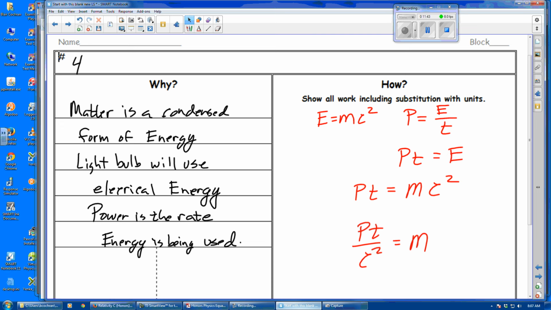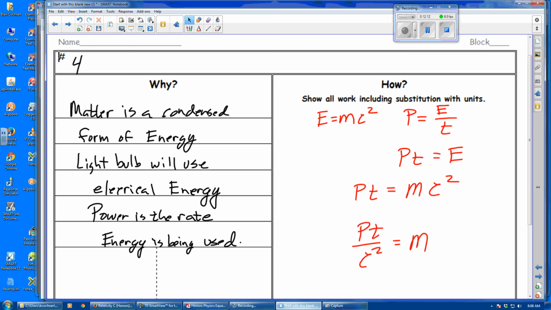So make sure that power and that time are in correct equivalent units. Personally, what I would do is change the time to seconds. You can do that through Google or on your calculator. And then you should have c stored in your calculator. If not, it's on our equation sheet. And a couple multiplications and you're there.